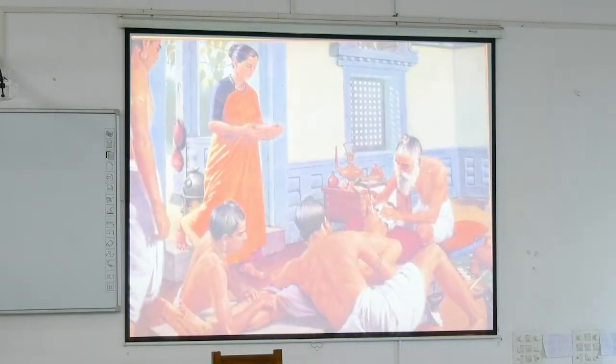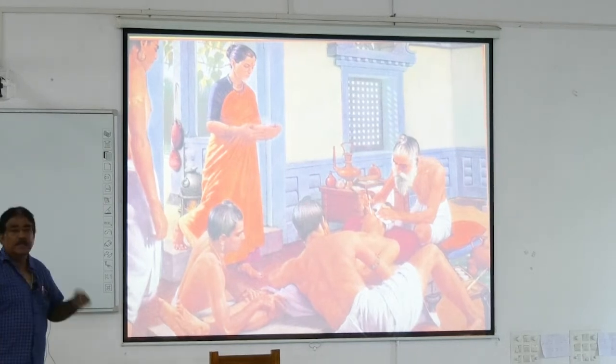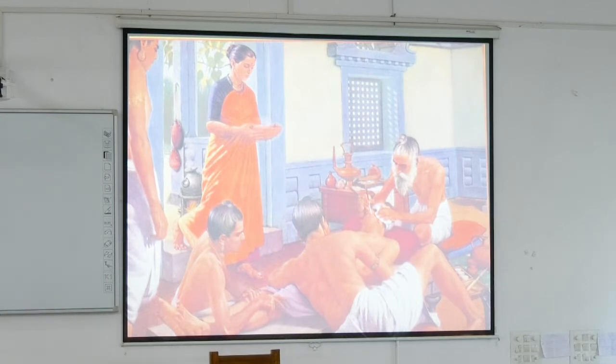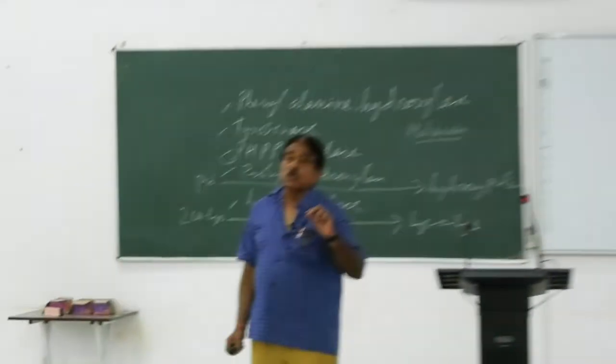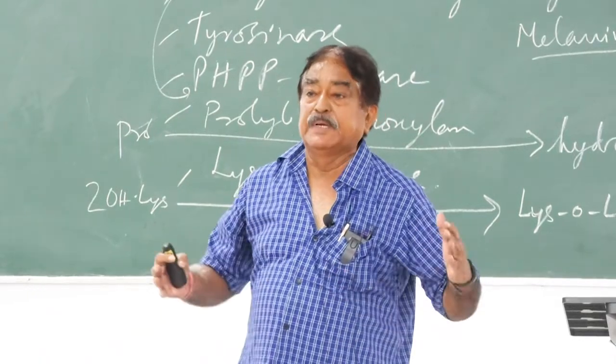Again, the great Sushruta, whom you see every day in the college, performing a plastic surgery, and you can see this sister holding a bowl, and all these assistants are holding the patient because in those days they had anesthesia only in the form of alcohol or opium or something. Naturally that didn't give complete anesthesia.